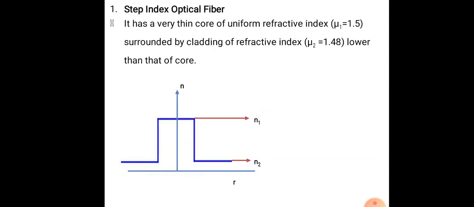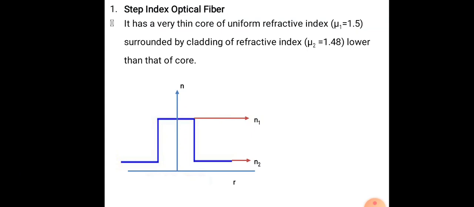Now based on the refractive index, optical fiber divides into two types. First one is the step index optical fiber. Here we can see it has a very thin core of uniform refractive index. If we see this figure, it is observed that the refractive index of the core is uniform.